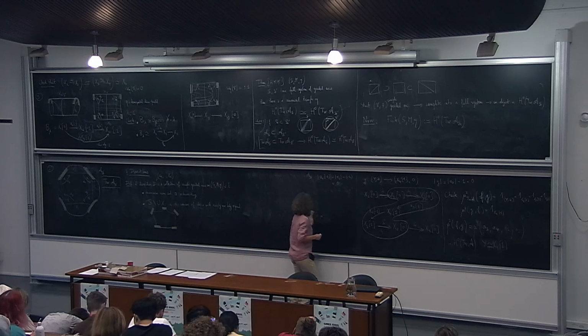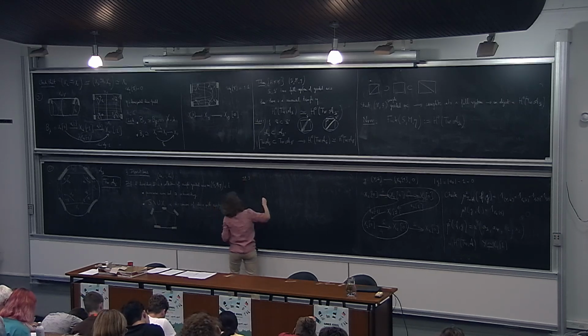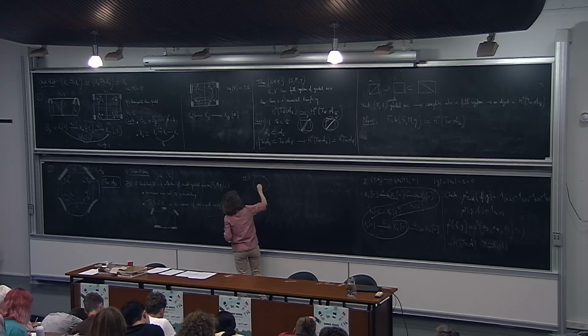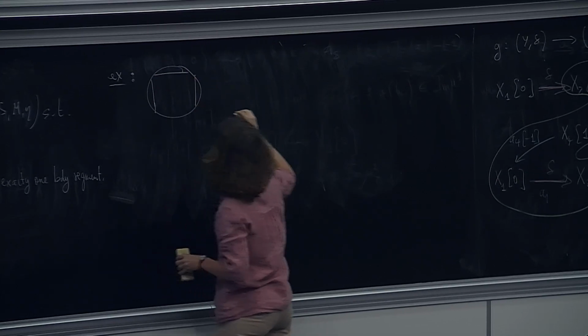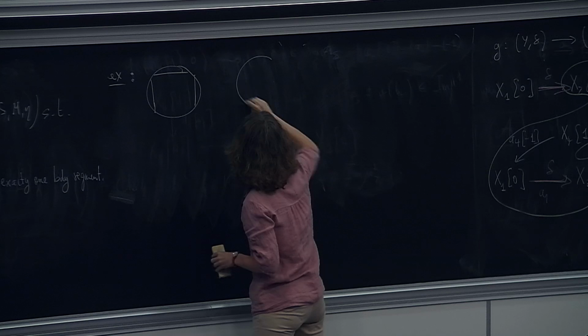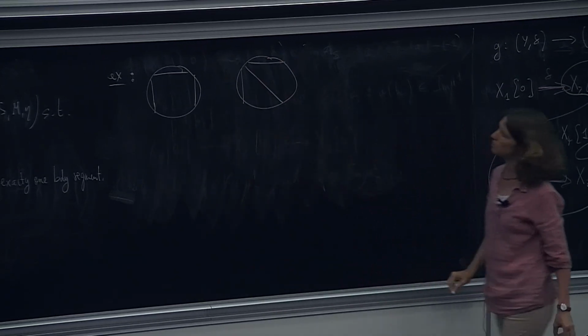So just very few examples. I take my square again. I could take this, or I could take this. These would be dissections.